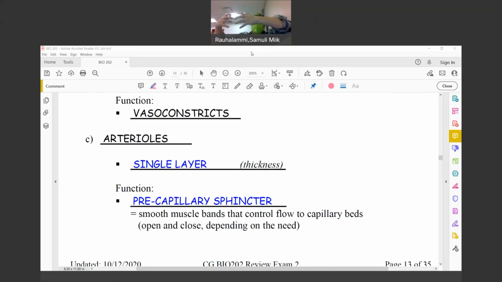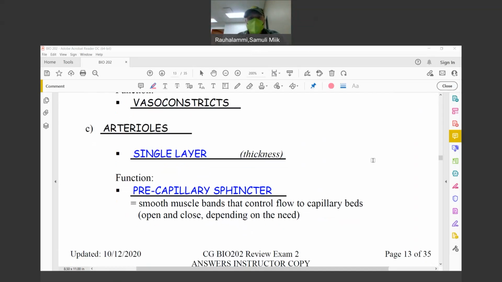And arterioles are very important because within the arterioles, we have precapillary sphincters that choose how much of the blood actually goes to this capillary network, or do we just direct the blood through that area? So these little muscle bands control the openings of these little vessels. So I hope that that makes sense.